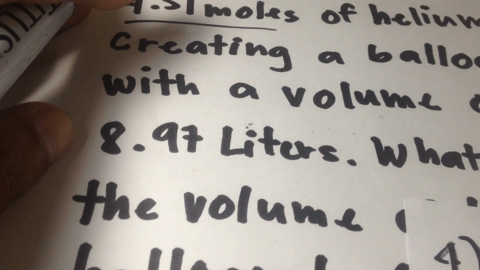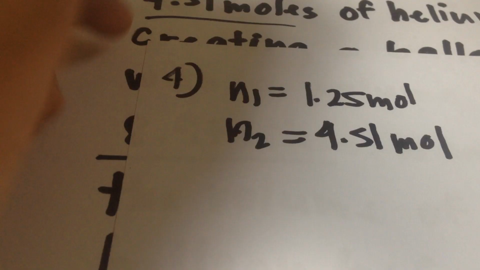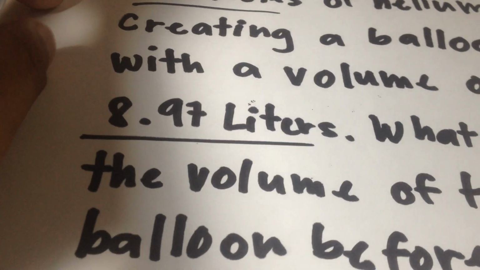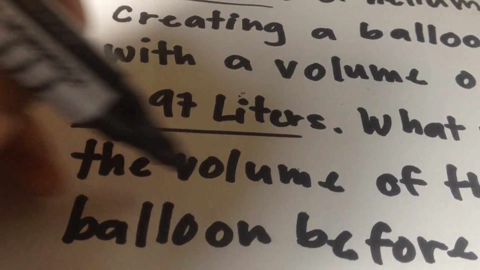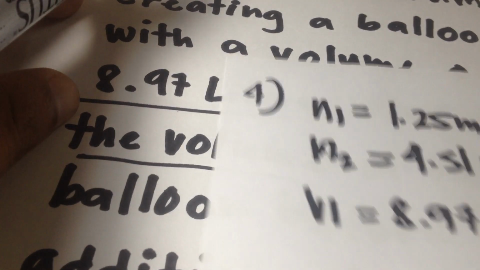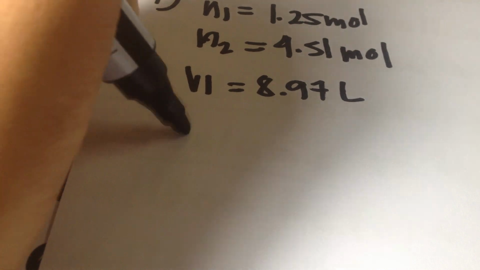And volume 1 is 8.97 liters. So the unknown is the volume of the balloon, which is volume 2. Volume 2 is unknown.